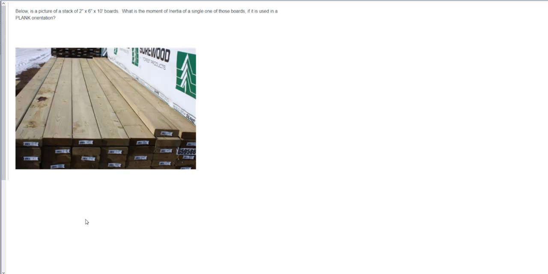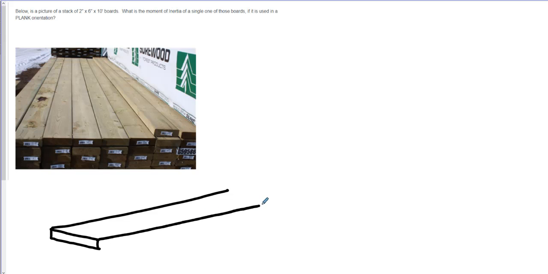The most important thing to remember is that plank orientation refers to a board that's laying like a diving board or a plank, like walk the plank. So that was the first thing.